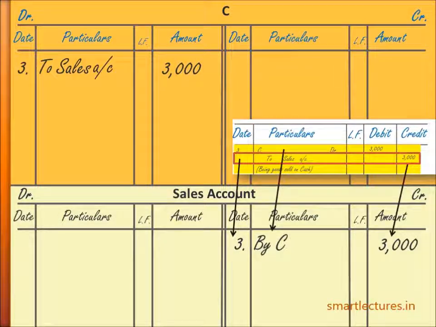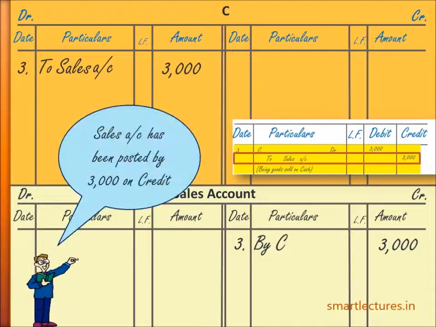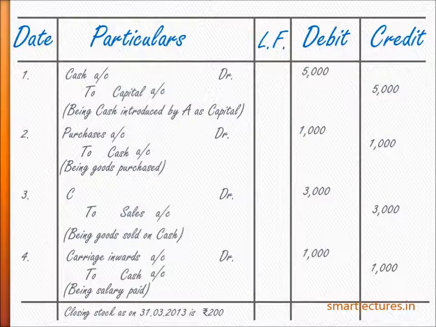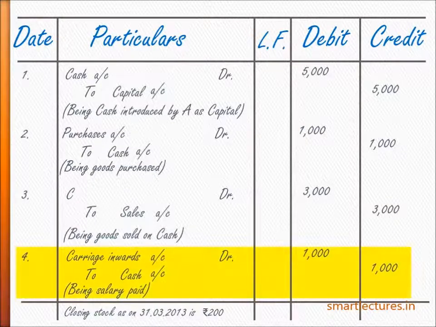What does it mean? Sales account has been credited by rupees 3,000 because this amount has been written on the credit side of sales account. In other words, we can say sales account has been posted by rupees 3,000 on credit. Now move to the next journal entry, carriage inward account debit to cash account rupees 1,000.